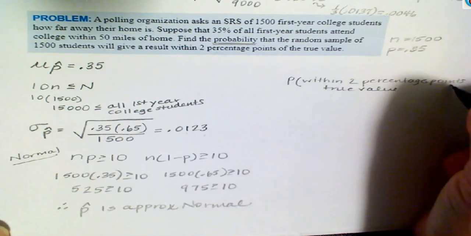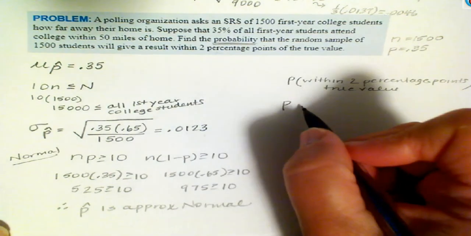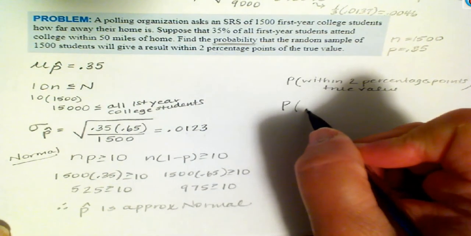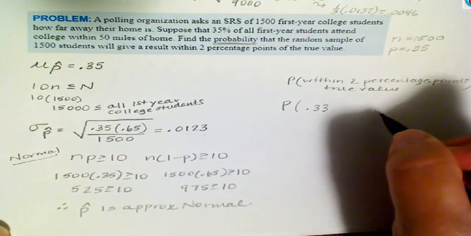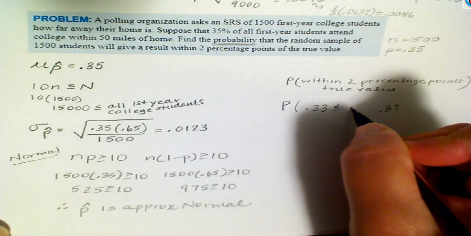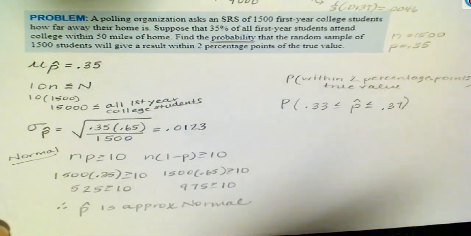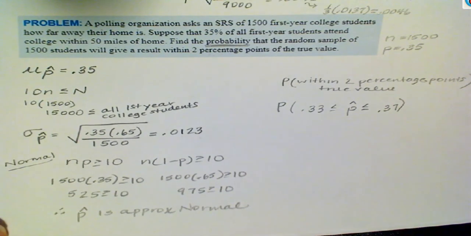So we need to think about what that is. If the true value is 0.35, 2 percentage points would be 0.33 on this side and 0.37 on this side. So what we're trying to find is the probability that p hat will be between 0.33 and 0.37.